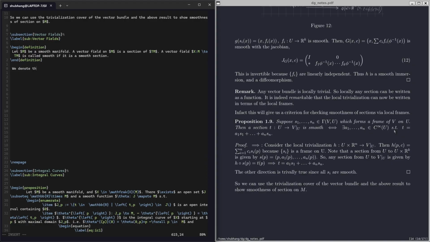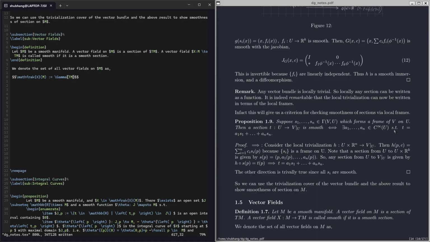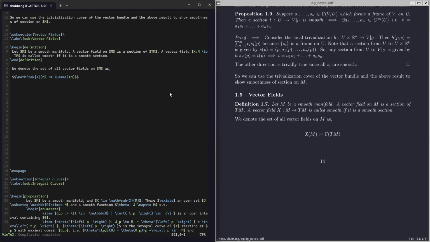We denote the set of all smooth sections on TM, the set of all vector fields on M, as script X(M), equals gamma of TM.